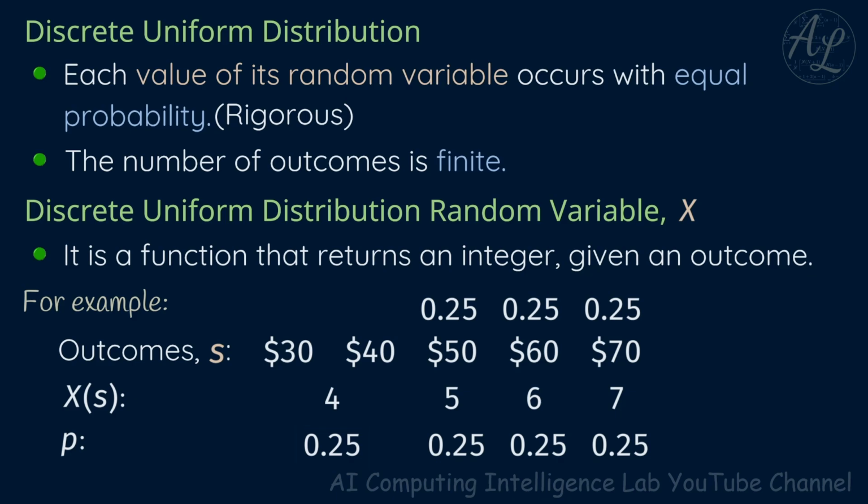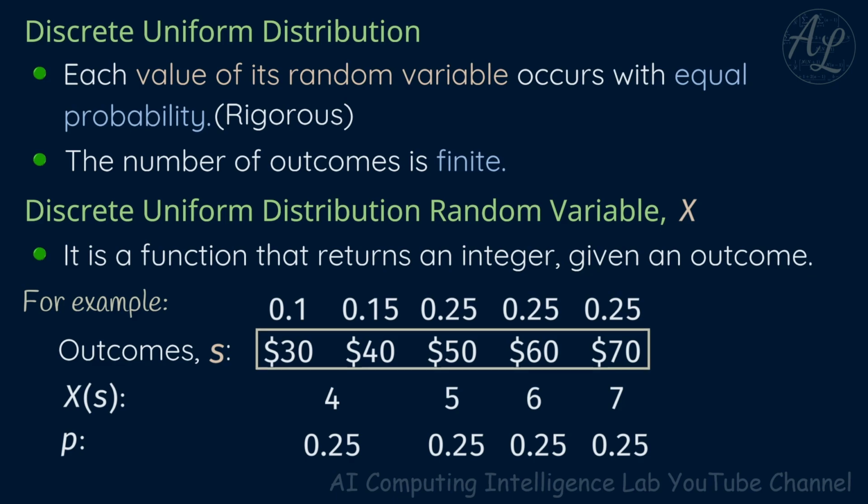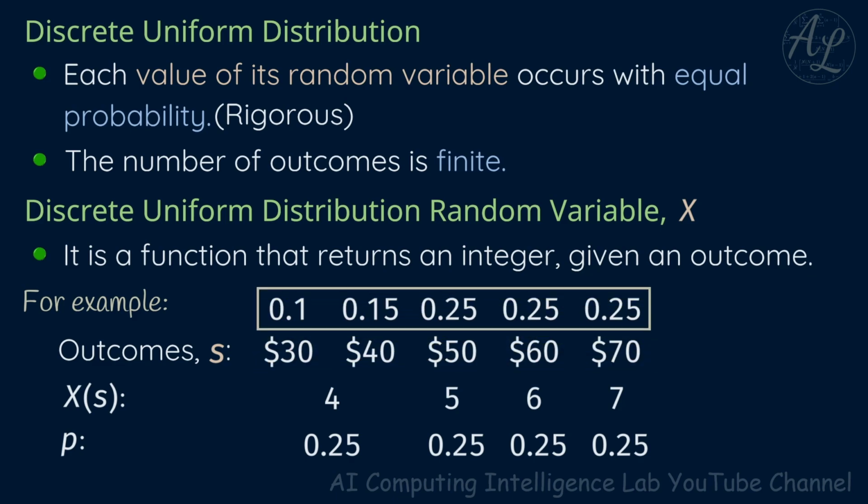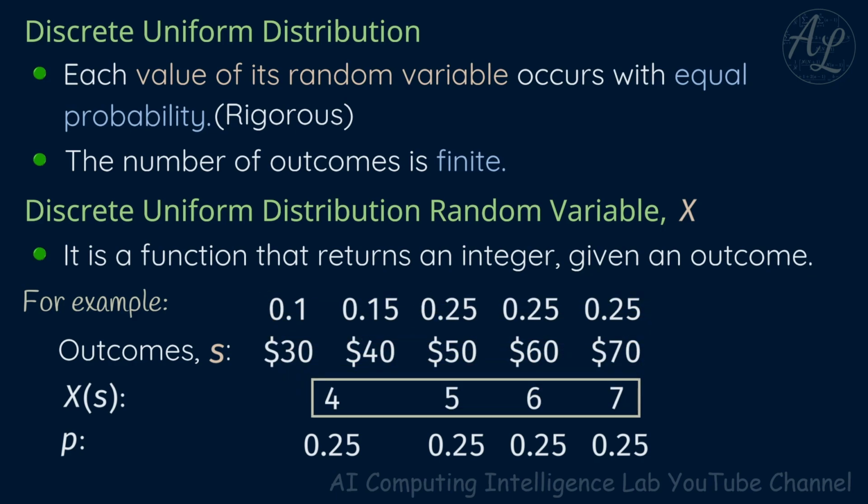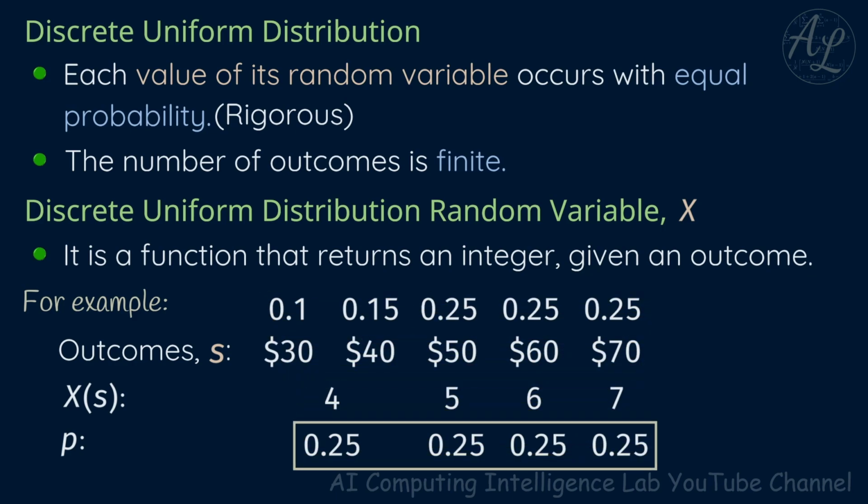So we can have, for example, 0.1 for $30 and 0.15 for $40. And if you add these two, you'll get 0.25. So as you can see, the probabilities of occurrence of the outcomes in here, which are these, are not the same, even though the probabilities of occurrence of the values in here, which are these, are the same.